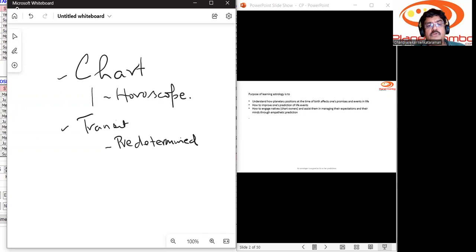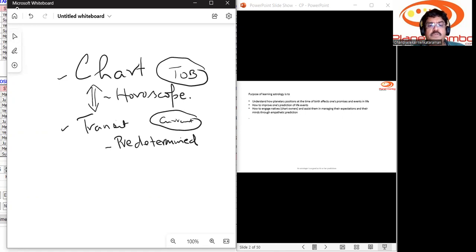So these two are matched. This is at the time of birth. This is current.